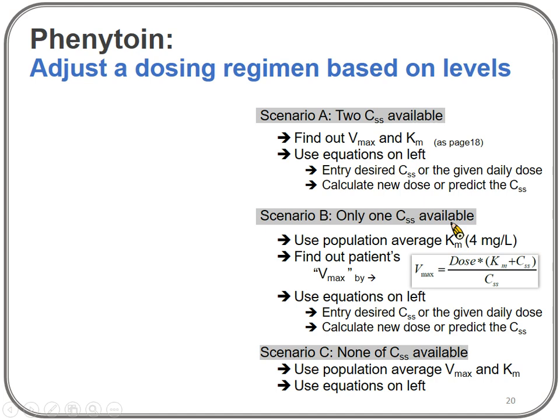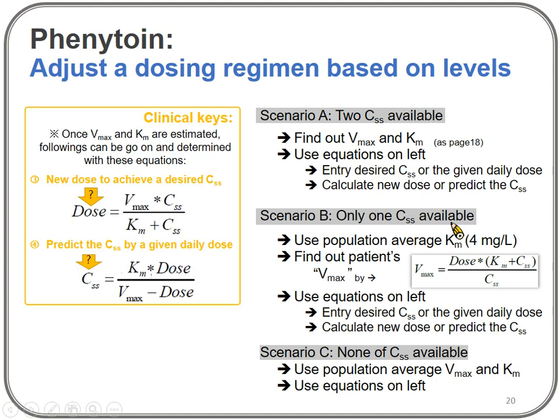Another scenario is if the level comes back and you would like to make decisions on dosing modification. So dosing adjustment can be based on the previous levels and the newly determined concentrations, right?